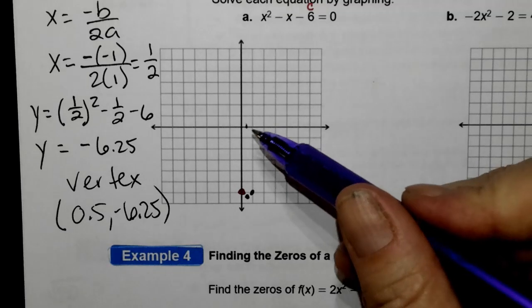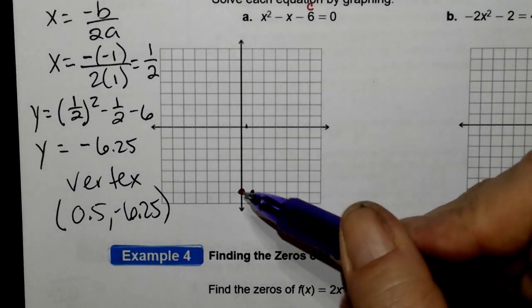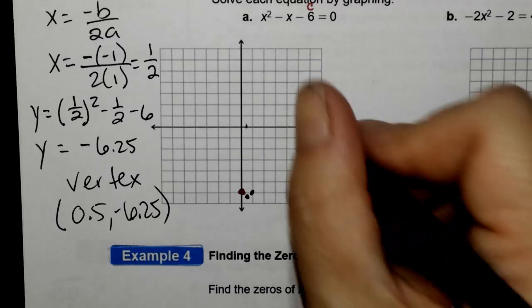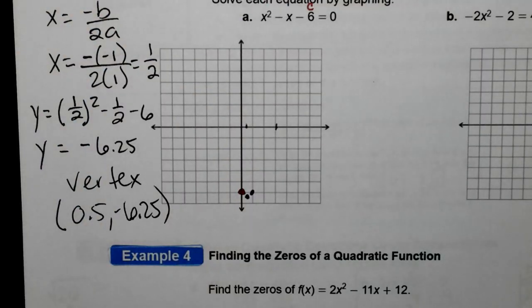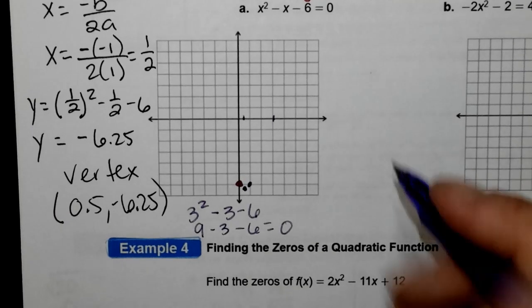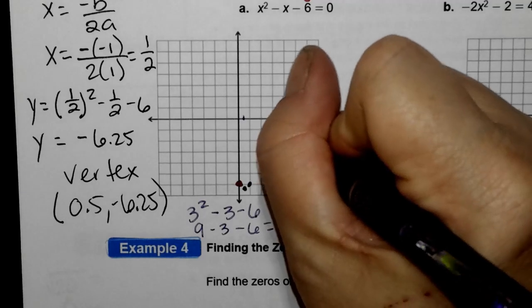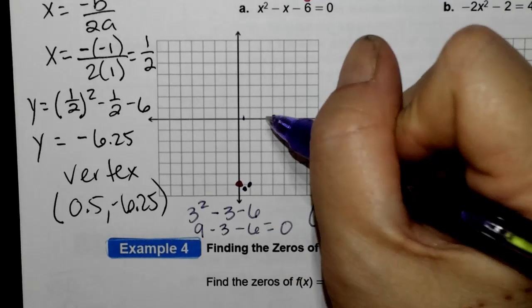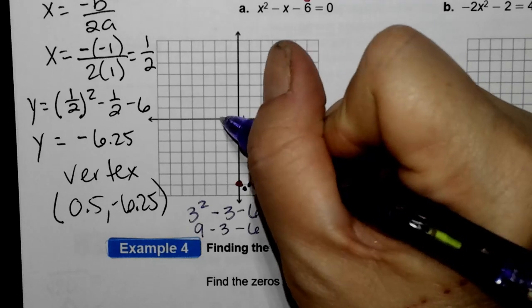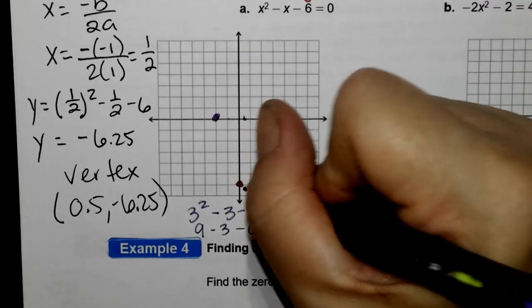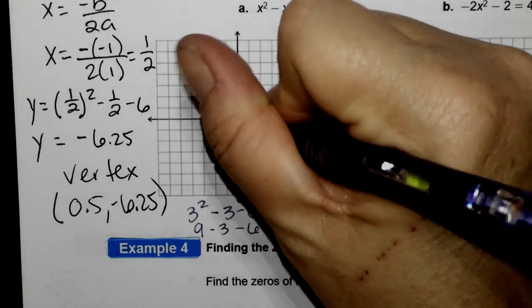So I maybe would even go past 2, just because these are so close together, and maybe try 3. So plug in 3, see what you get. So I did that and I got 0, so that means the point 3, 0 is on our graph, which means that that is an x-intercept. So if I know this one is 2.5 away, then I got a half, 1, 2 on this side. And now I can make my graph.